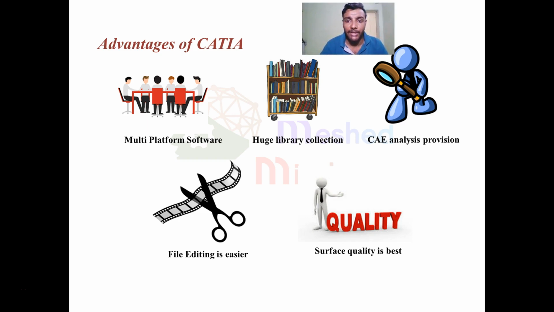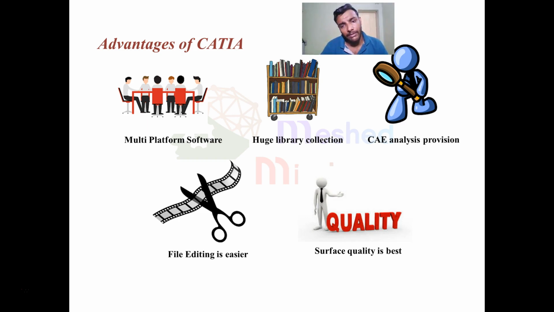It becomes really impossible to locate every related component and change it there. So Catia, being a parametric modeling software, makes editing a lot simpler, because if you make changes in one place, it gets updated across all the related components.